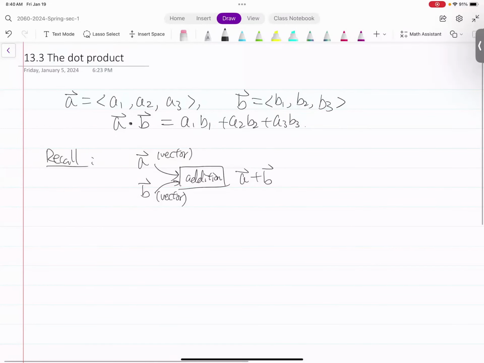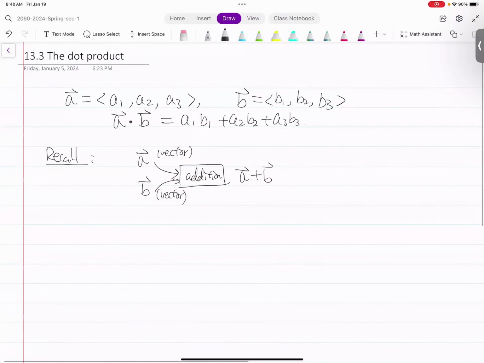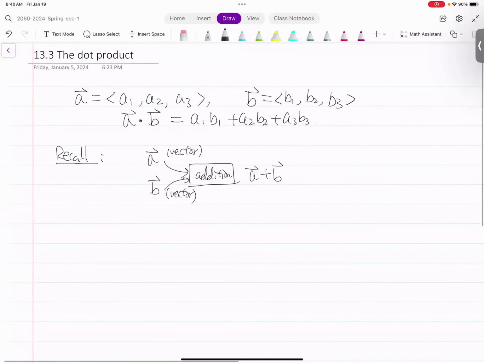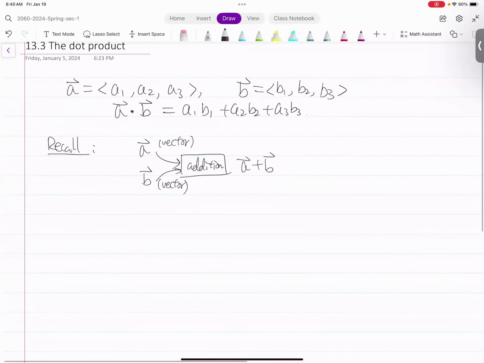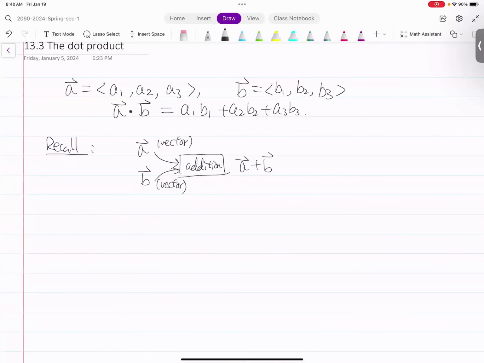But suppose you have no idea about vector multiplication or scalar multiplication or addition, then you can say that due to some magic, following some rules, we produce this output A plus B. So it's essentially an operation that combines the information of two vectors and gives you a new vector.